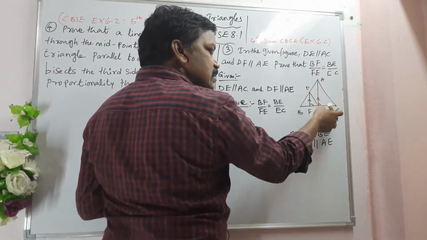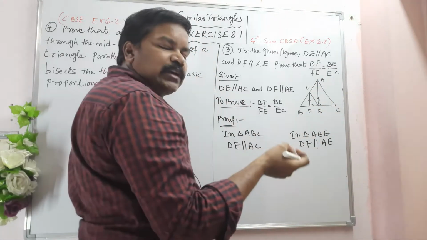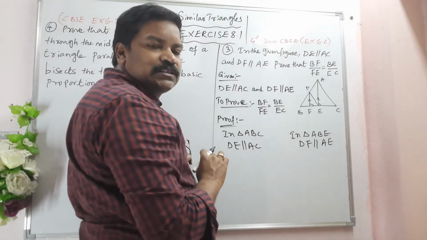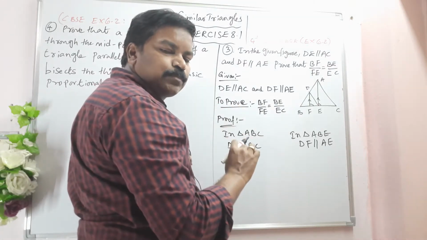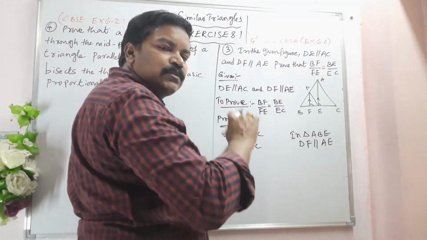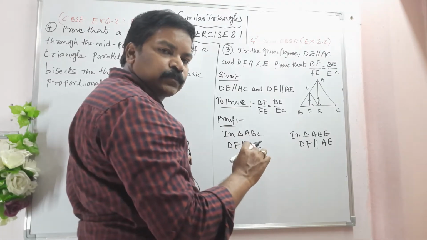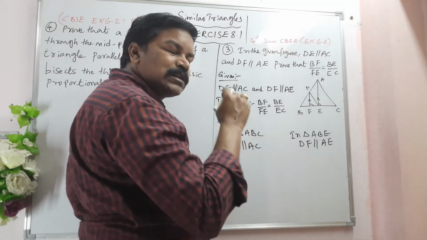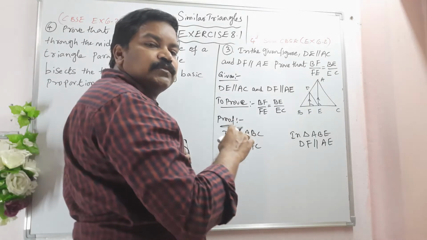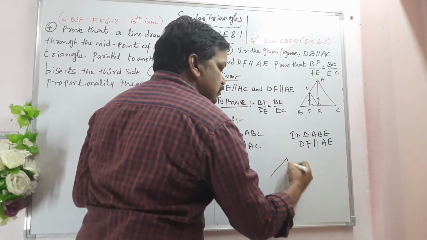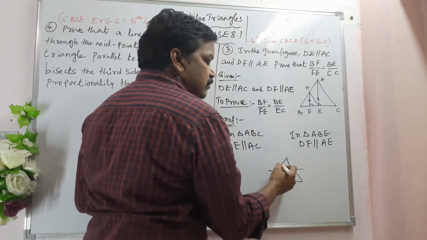So in this triangle ABC, this DE is parallel to AC, so we can apply the basic proportionality theorem. So what is the basic proportionality theorem? If a line is parallel to one side of a triangle, it will divide the other two sides in the same ratio. Yesterday we discussed it.